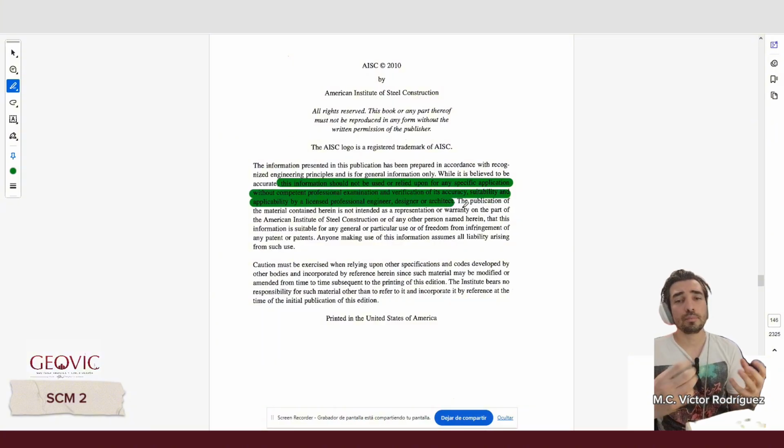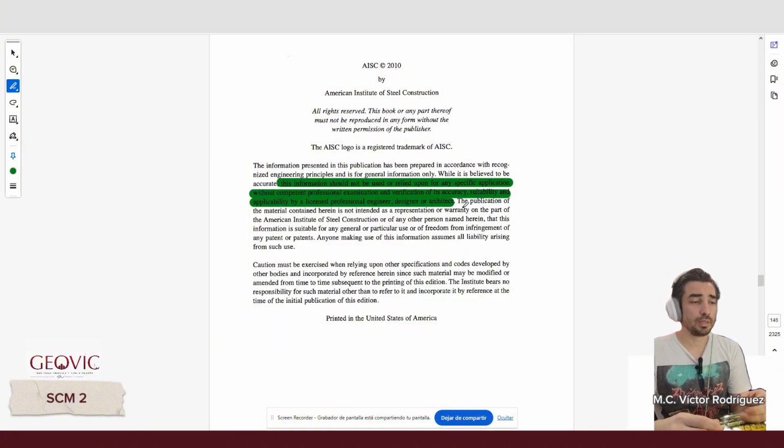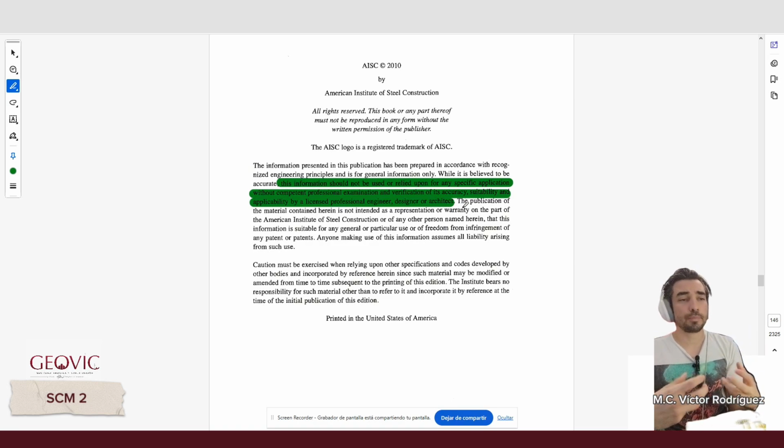This manual was made in the United States according to the United States standards and practices. In the States, to be a professional engineer, after finishing your degree, you have to get some working experience, around 4 years. I don't really remember, but I think it was around that time.